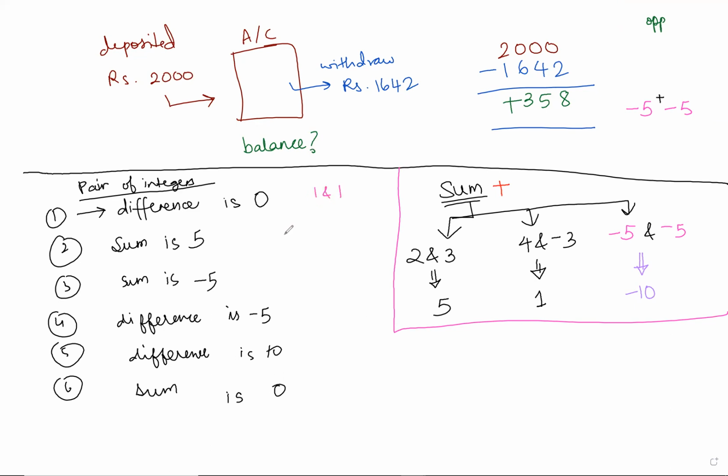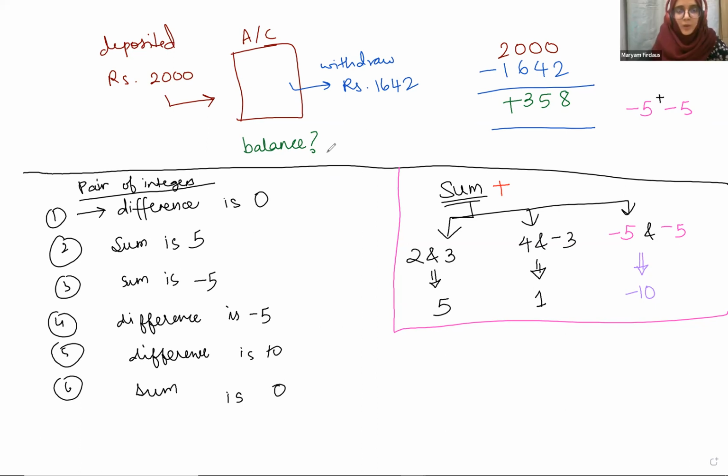I know we are supposed to subtract it, but if we do 12 plus minus 12, we will get 12 minus 12. Which one are you talking about? Difference is 0. You already wrote this, right? Yeah.